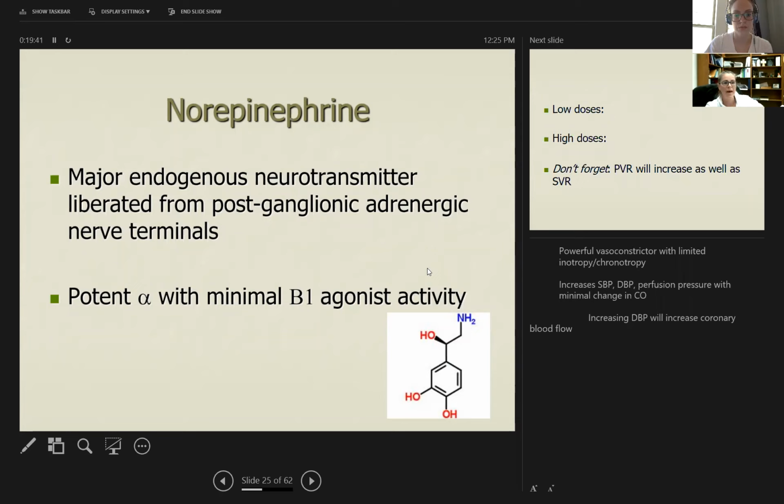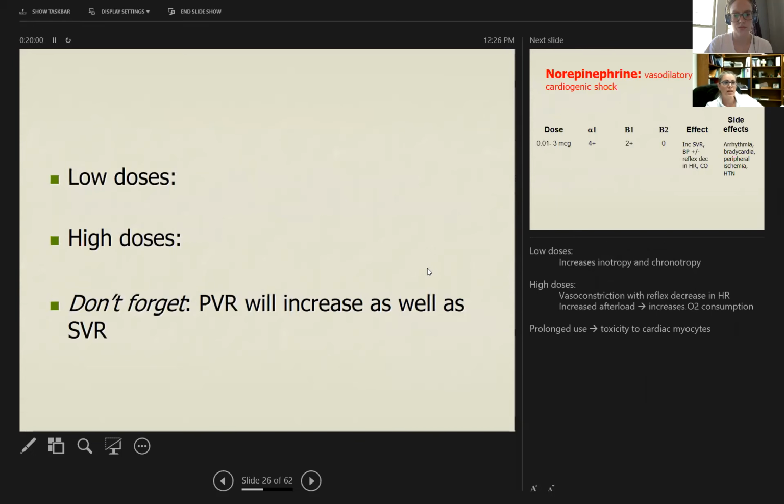So what you end up having when you start your norepinephrine drip is an increase in your systolic blood pressures, an increase in diastolic blood pressure, so your perfusion pressure gets better, and you have very little change overall in your cardiac output. Again, improving diastolic blood pressure improves coronary blood flow.